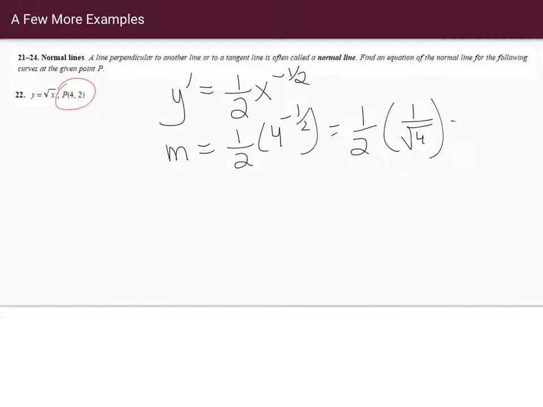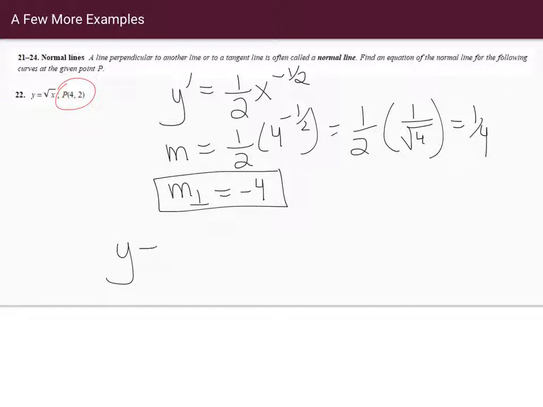The square root of 4 is 2, so that's 1/4. Now I have my slope and I have my point, so I can write the equation of the normal line. The slope for a line perpendicular to my tangent line is -4. So y subtract 2 equals -4 times x subtract 4 is the equation of my normal line.